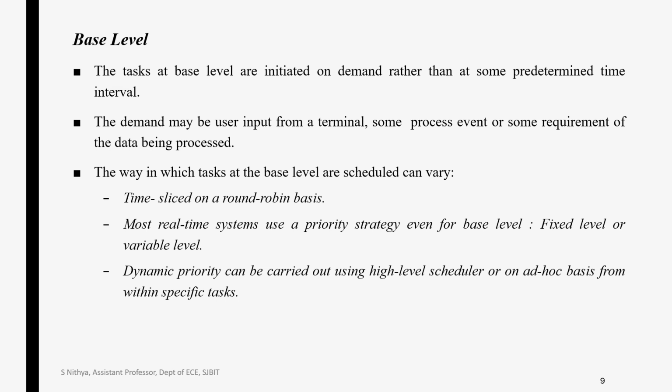The way tasks at the base level are scheduled can vary: time slicing on a round robin basis, and most real-time systems use a priority strategy even for the base level, which may be fixed or variable. Dynamic priority can be carried out using the high level scheduler or on an ad hoc basis from within the specific task.